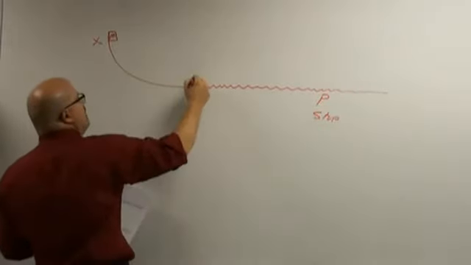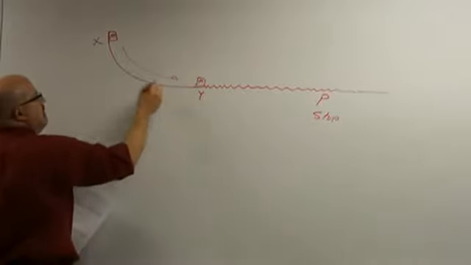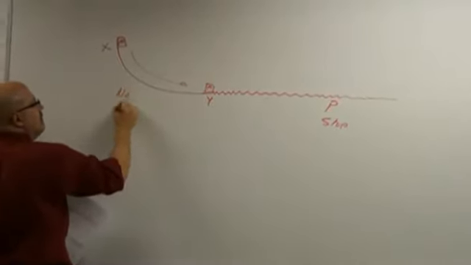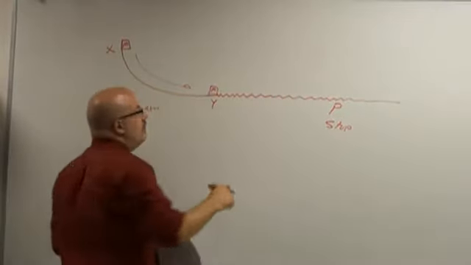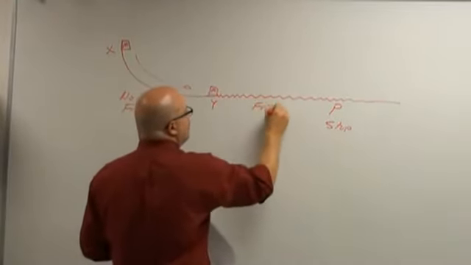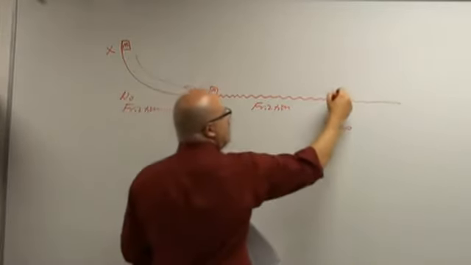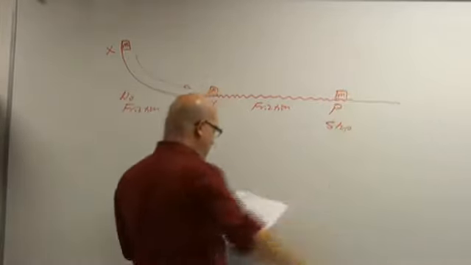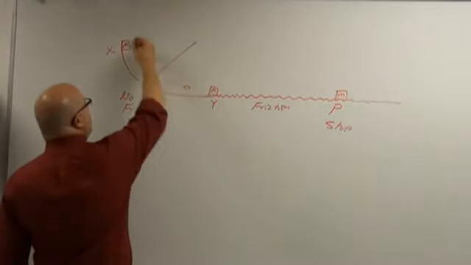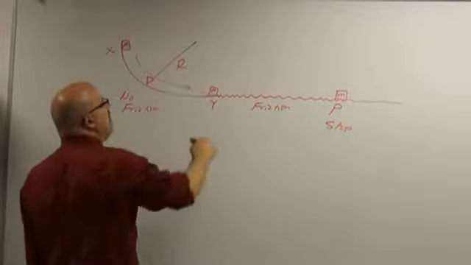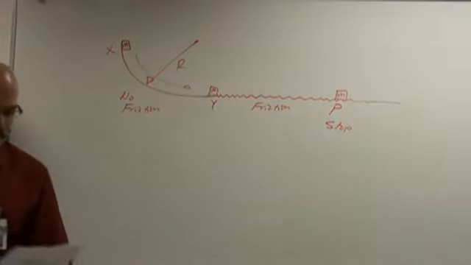It slides from here to here, and when it slides from here down to here, there's no friction. Along this part, it's rough, so there's friction. It slides down here and speeds up, and then it slides across here and comes to a stop. I believe that's the essence of the problem. And from here to here, this is a radius R. This is a quarter of a circle there, right?